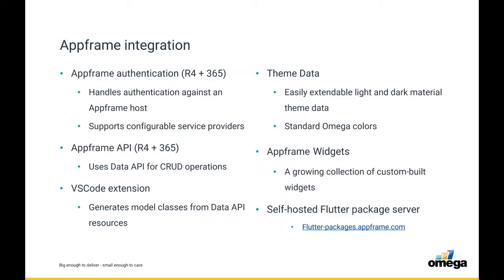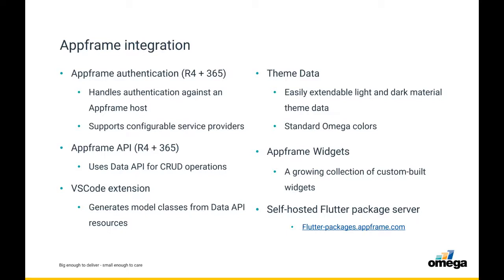In terms of Appframe integration, the Appframe team has been working hard to make it as easy as possible to start developing your first Flutter application against Appframe. So the two core packages that one would use is Appframe Authentication, which supports both R4 and 365. It basically handles authentication against an Appframe host and also supports configurable service providers.